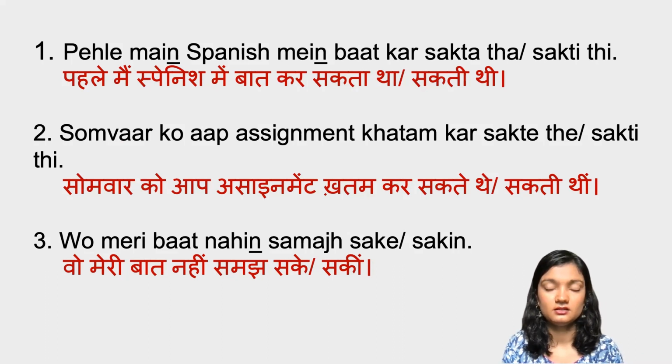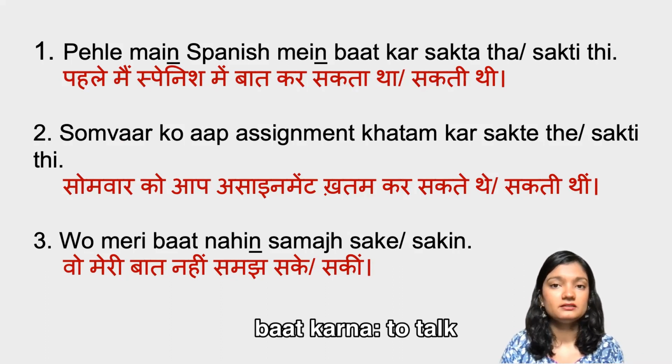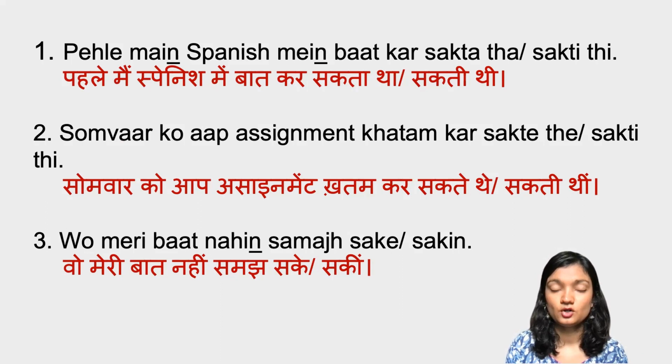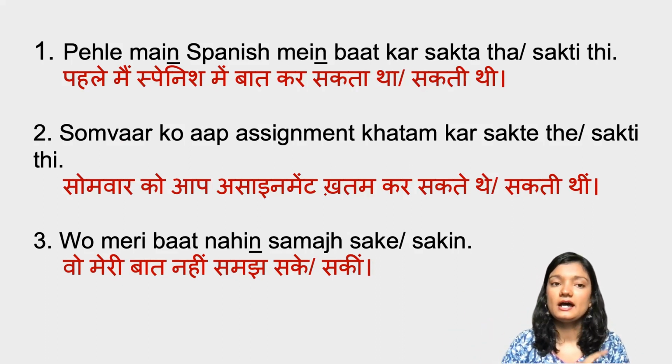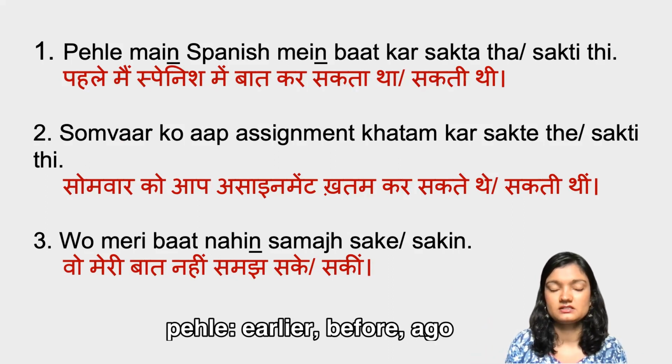So the first sentence is पहले मैं स्पेनिश में बात कर सकता था और पहले मैं स्पेनिश में बात कर सकती थी. Verb being बात करना, to talk or to communicate. बात कर सकता था means I could talk. बात कर सकती थी, I could talk. Now this doesn't mean can. This means could in the past because I used the word पहले to give a time frame to the sentence. पहले means earlier or before.